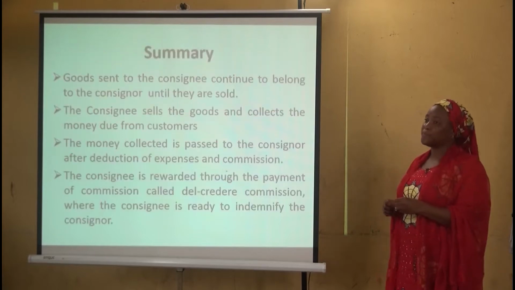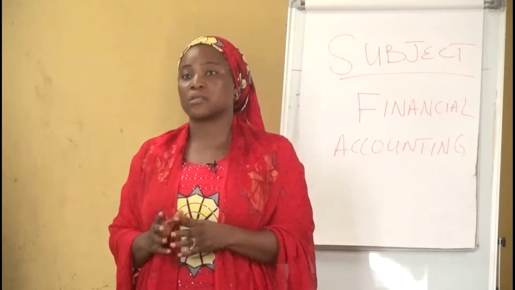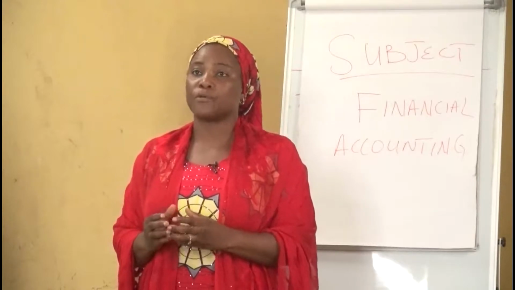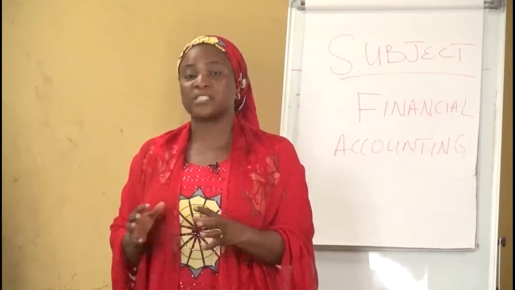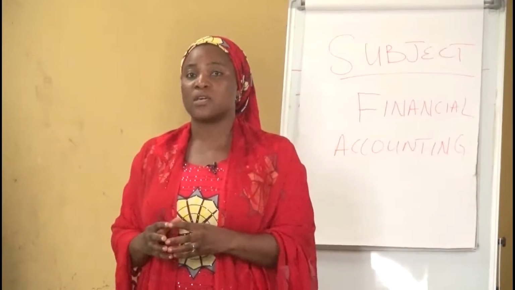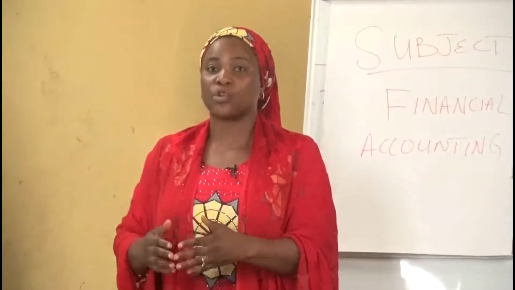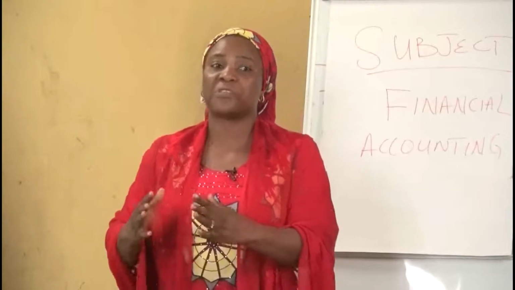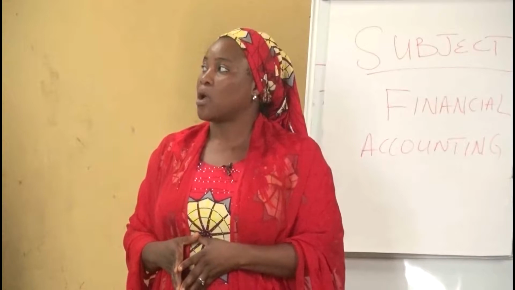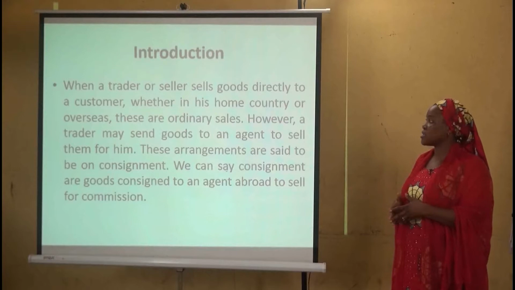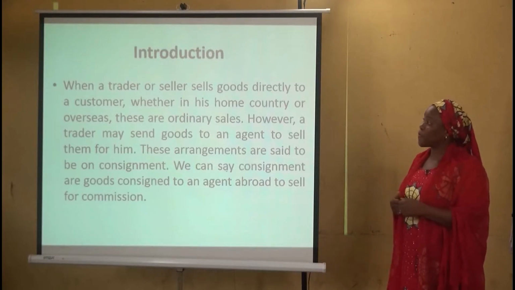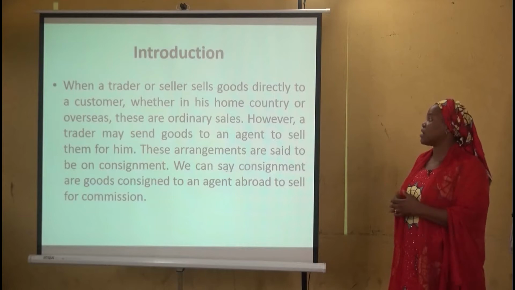In summary, I discussed the meaning of consignment. I told you that when there's a direct sale between a trader and a buyer, or a trader and its customer, we say it's an ordinary sale or an ordinary business between two people. Even within the same country or outside the country, somebody can be in Ghana and want to buy things from Nigeria.